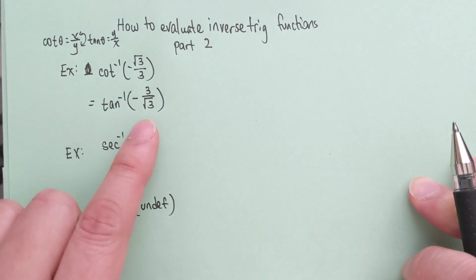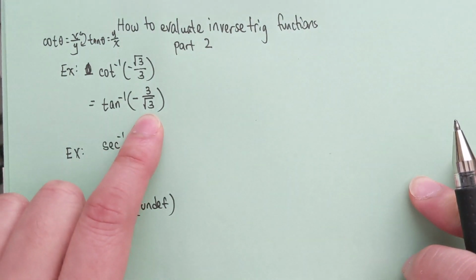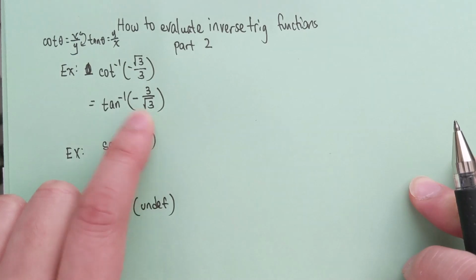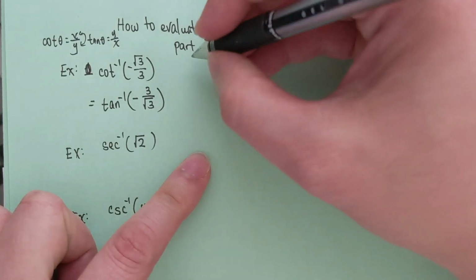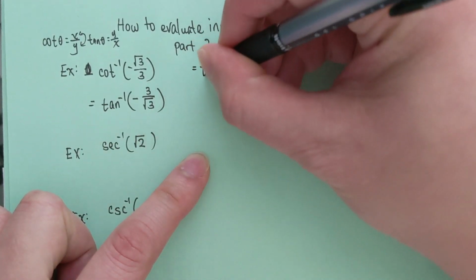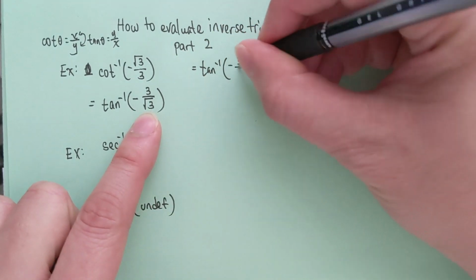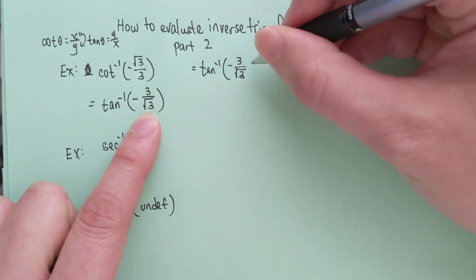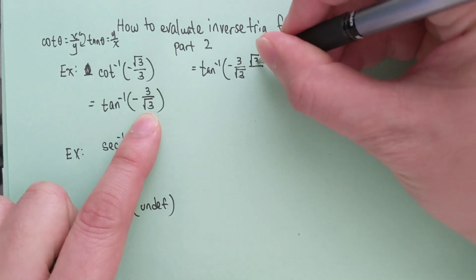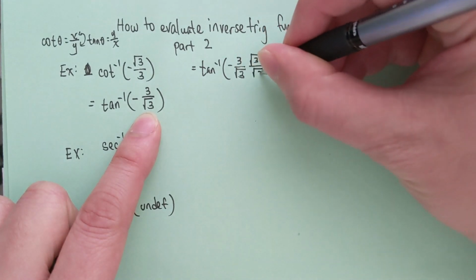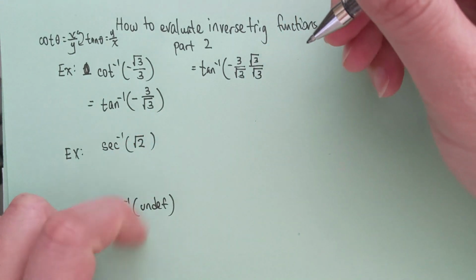Okay. Now, we are not allowed to have a square root at the bottom. So therefore, we are going to change that, specifically by multiplying by square root of 3 on top and a square root of 3 at the denominator.